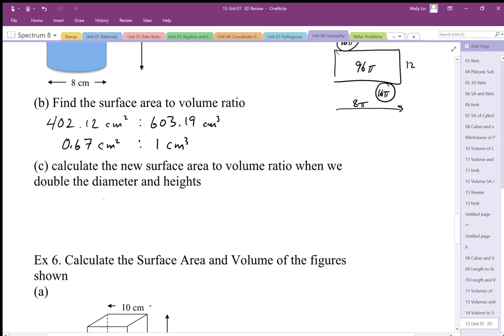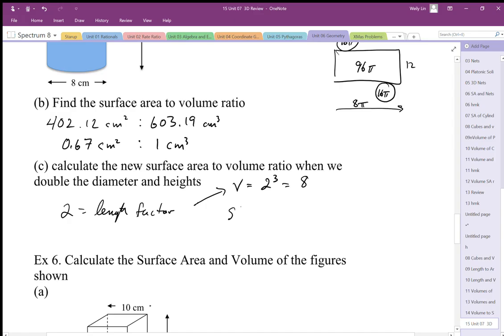Well, remember our little chart from before? Our linear length factor, the length factor is 2. How does that affect the volume? Well, the volume increases by 2 cubed, or by a factor of 8.